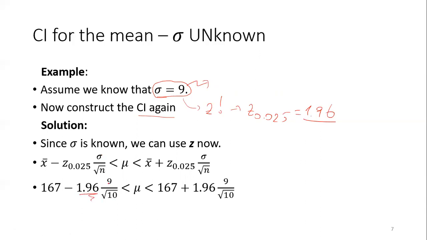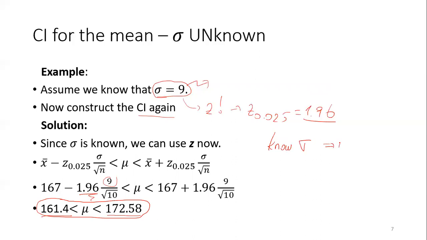And just write sigma instead of s, which is 9 divided by root 10, and so on and so forth. So it turns out that if you know sigma, then you can use sigma and then use the z random variable. So the resulting confidence interval is between 161.4 and 172.56. So if you know sigma, then you can just use z, right?